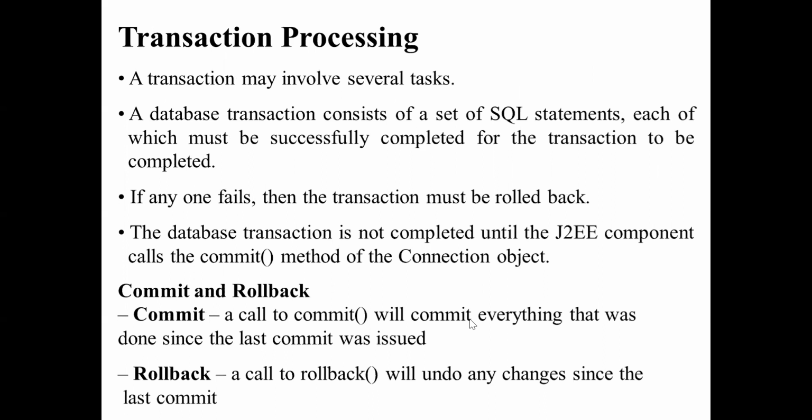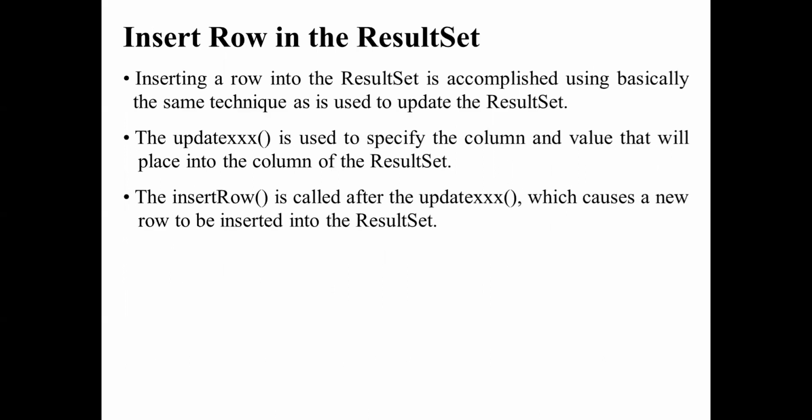Then insert row in the result set we can accomplish using basically the same techniques as updating the result set. How do we insert a row using the result set? We use updateXXX to specify the column and the value that we place in the column of the result set.